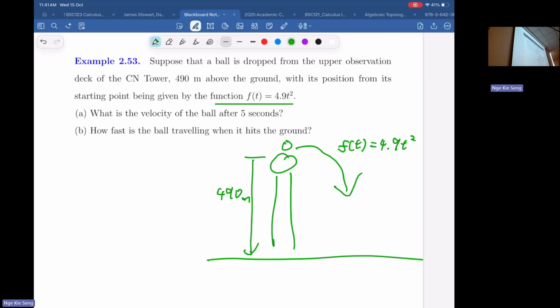So we think of this displacement as a gain of displacement. It's a gain of displacement.